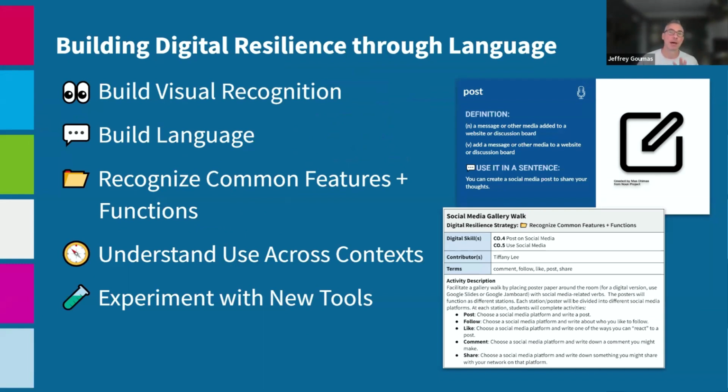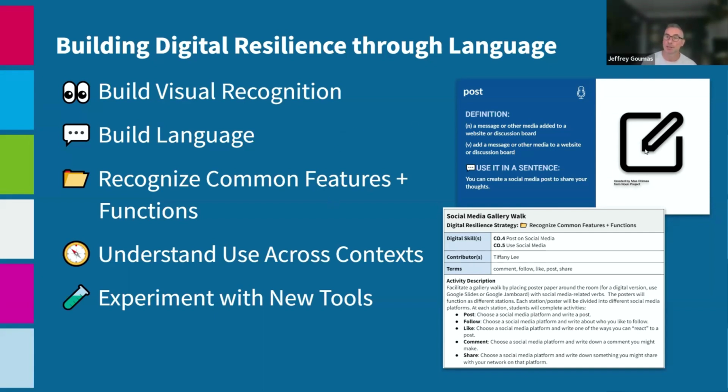The glossary also has, on the page that I was on, a set of activities. There's an instructor guide that basically has activities that leverage those terms and help develop those terms and build resilience at the same time.